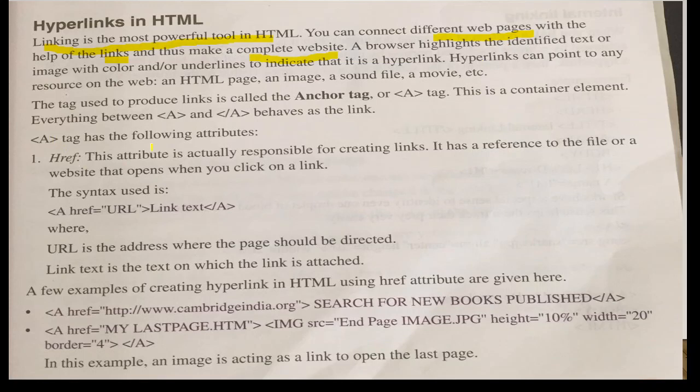The A tag has the following attributes. You can link to a different web page. Once you click the link, you have the ability to open another page of your website.